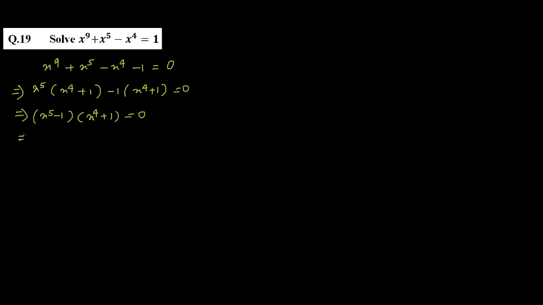If you see, we can write x to the power 5 minus 1 is equal to 0, or x to the power 4 plus 1 is equal to 0. From here I can write x to the power 5 is equal to 1, or x to the power 4 is equal to minus 1.